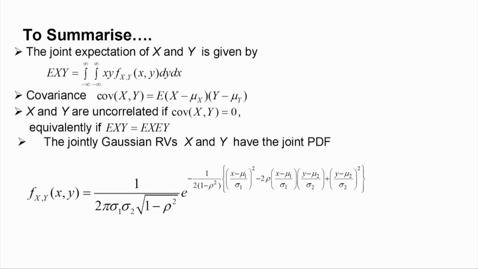It is an exponential quantity and is determined by 5 parameters, namely mu 1, the mean of x, mu 2, the mean of y, sigma 1, the variance of x, sigma 2, the variance of y, and rho, the correlation coefficient. That we also defined: the correlation coefficient is the covariance normalized by sigma x into sigma y.